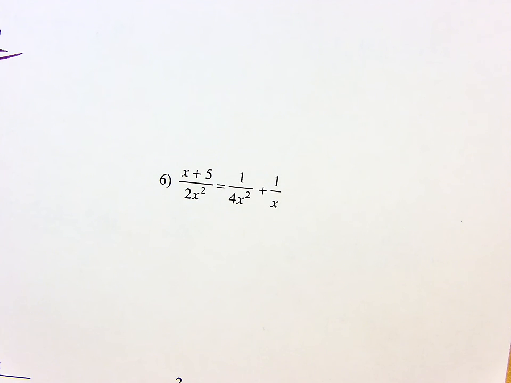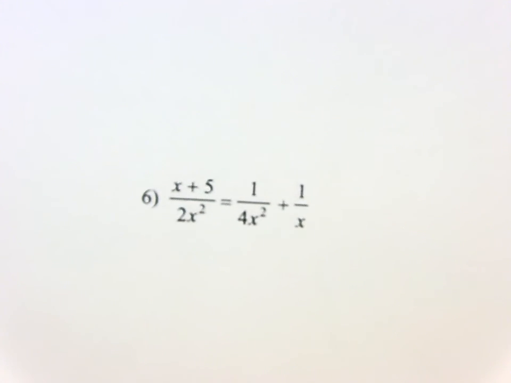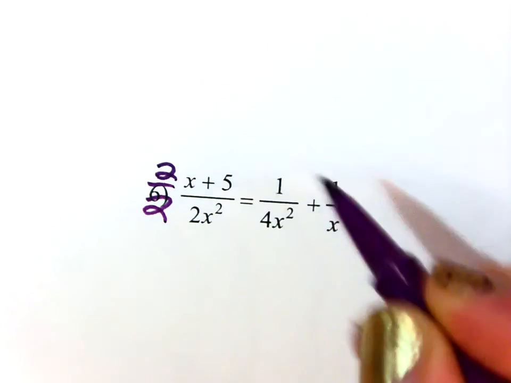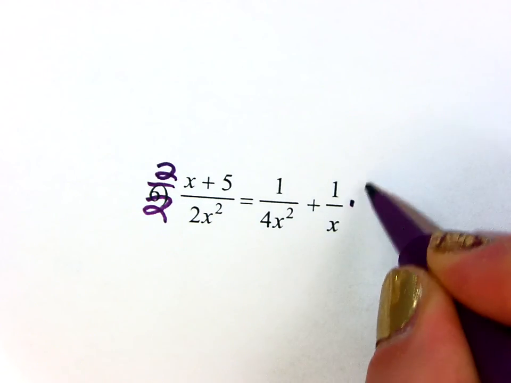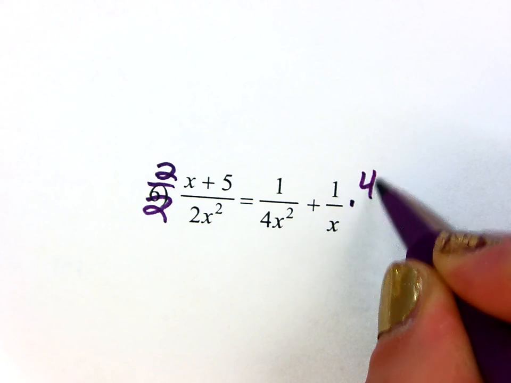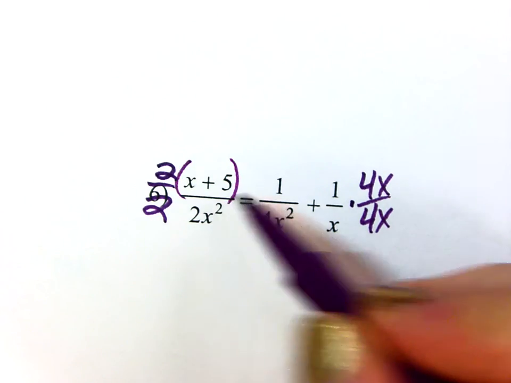What will my common denominator be? 4x squared. I agree. So the first one looks like it just needs a 2 over 2. You're already 4x squared. What does this one need? 4x, correct. Now they all match. So now make sure that you are distributing that 2, right?